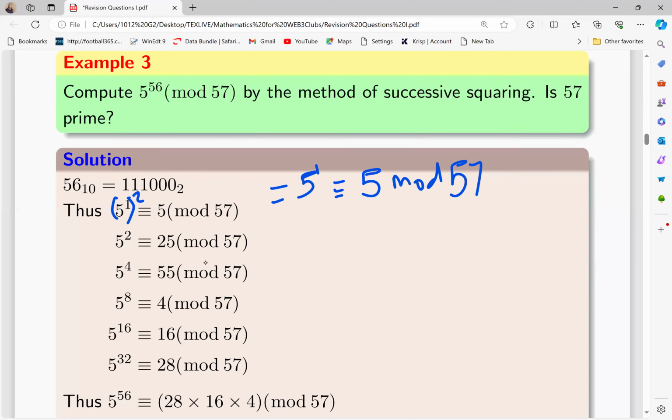The next phase you raise to power 2, so 5 squared is 25 mod 57. Then the next, again you raise to power 2.